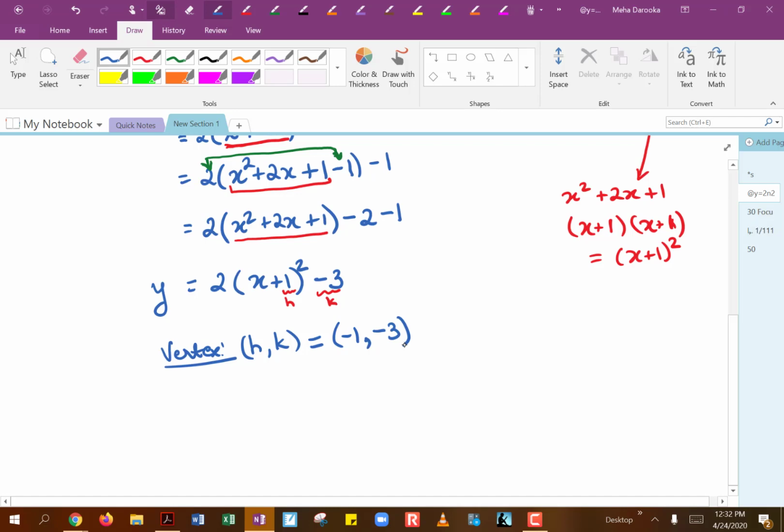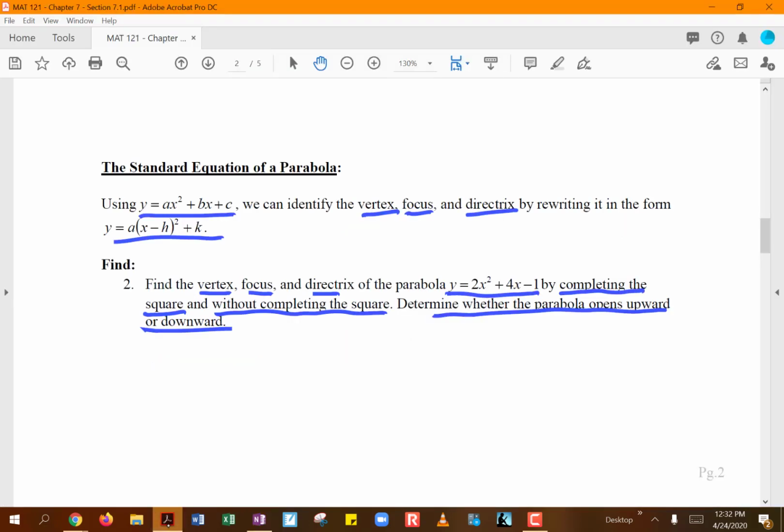Now remember guys, when your equation is in the general form for the transformation, you always have x minus h. So that means if h itself in this case is going to be positive, but if h is negative, then your equation basically becomes a(x plus h) squared plus k.